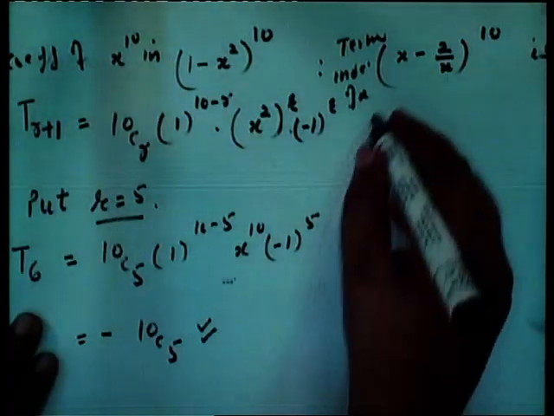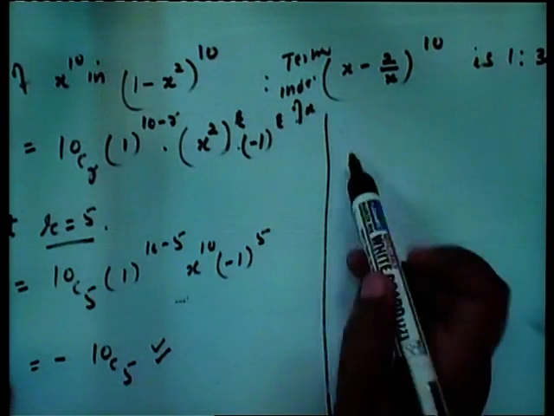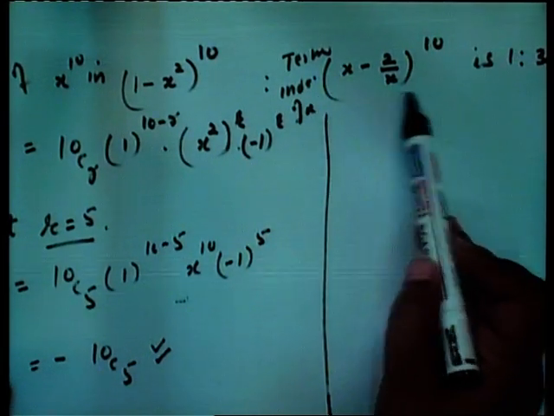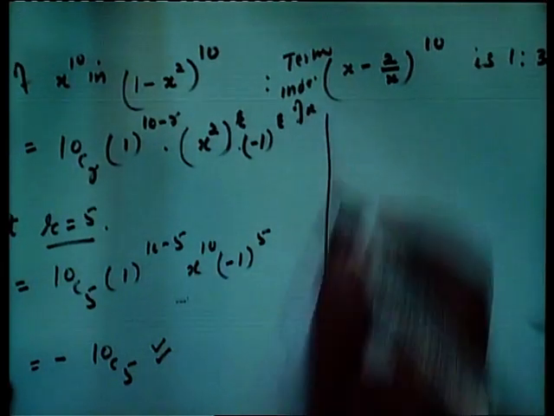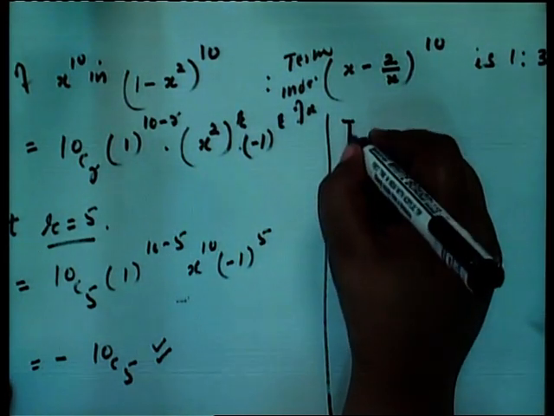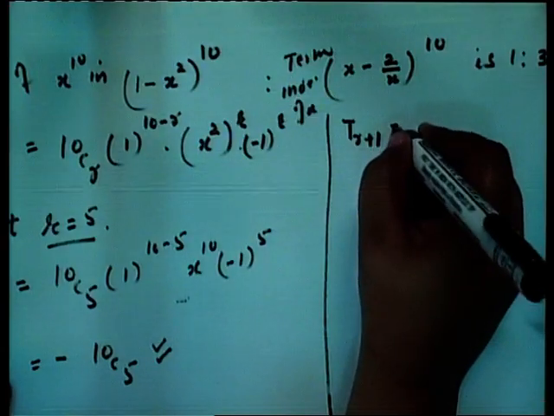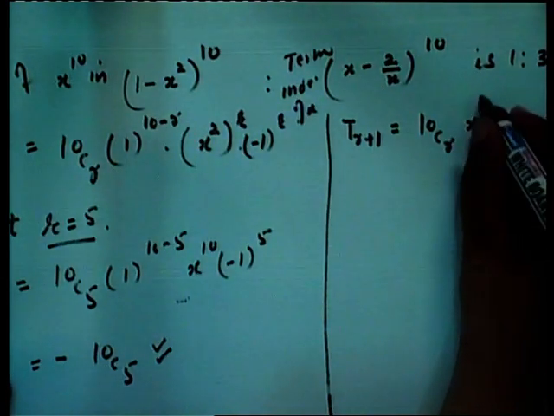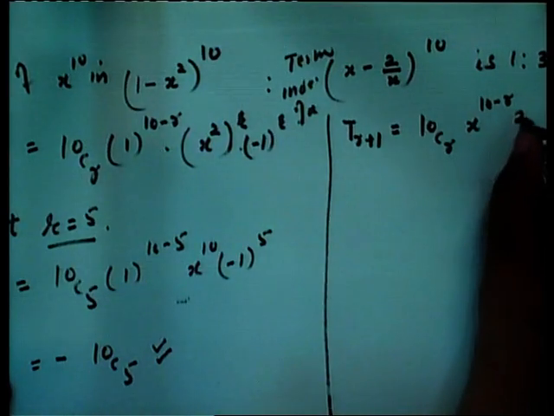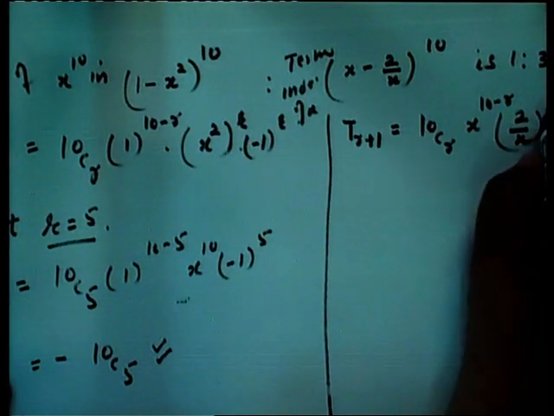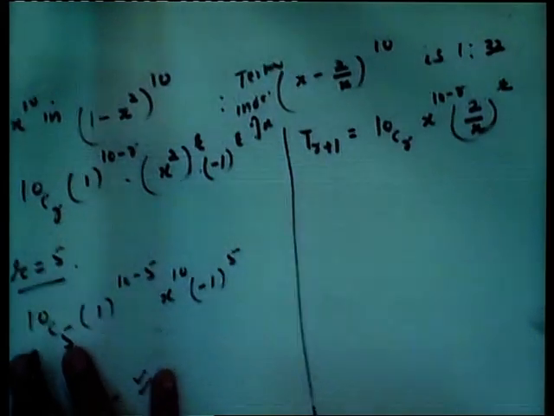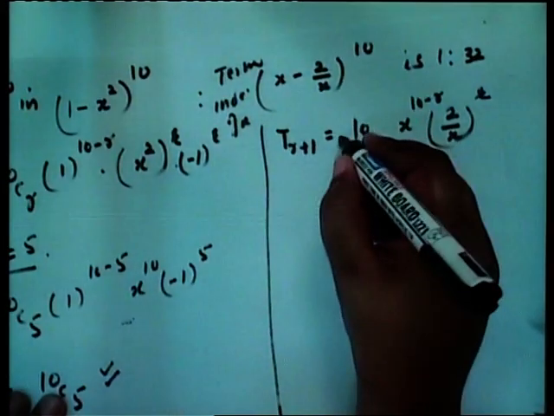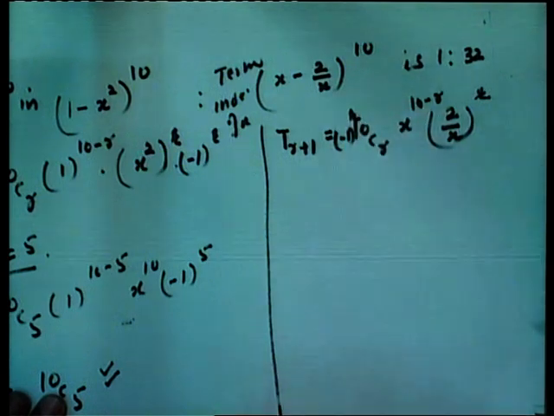Now next we have to find the term independent of x in this expansion. So again what will we do? We will write the general term, that is equal to 10Cr x raised to power 10 minus r into 2 upon x raised to power r and (minus 1) raised to power r, right.